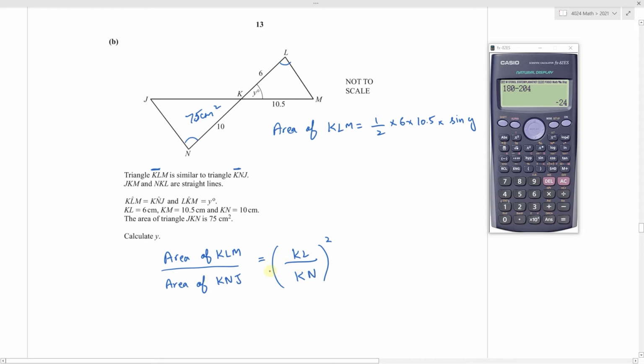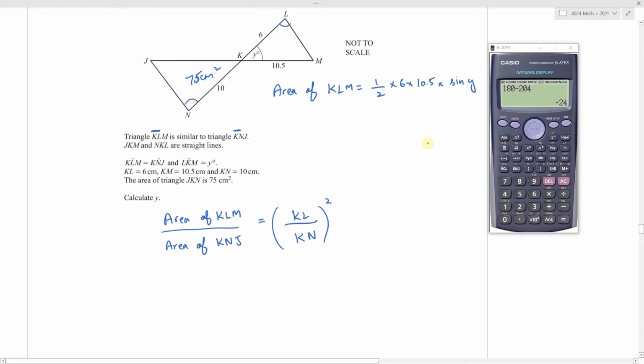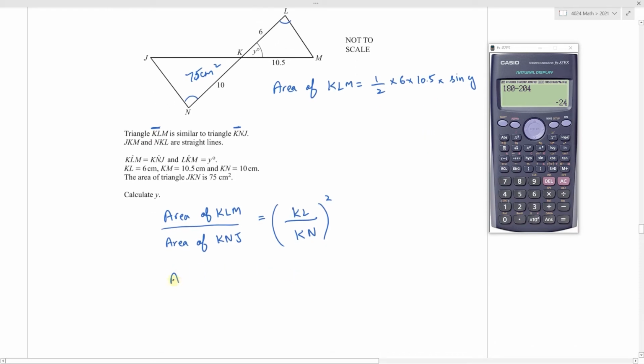So through this, we can find the area, plug the area here, and find y. So let's do that. So area of KLM is, KL is 6, KN is 10 squared, and then I'll take the area of KNJ and multiply here. So it will be 75. So this is 36 divided by 100 multiplied by 75.